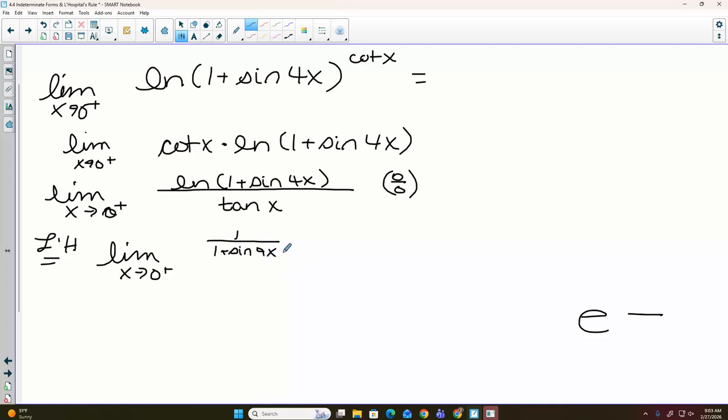So I have 1 over 1 plus sine 4x, then the derivative of the inside. The derivative of sine is cosine, the angle stays the same, but then we multiply by the derivative of the angle, so the derivative of 4x is 4. On the bottom, what's the derivative of tangent?